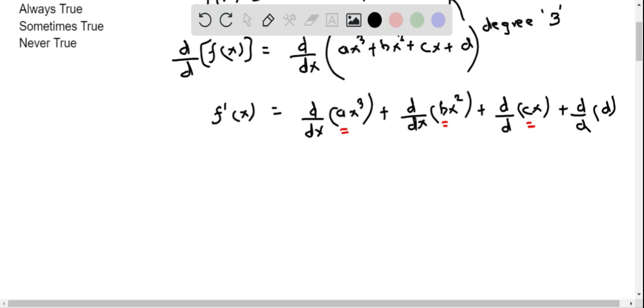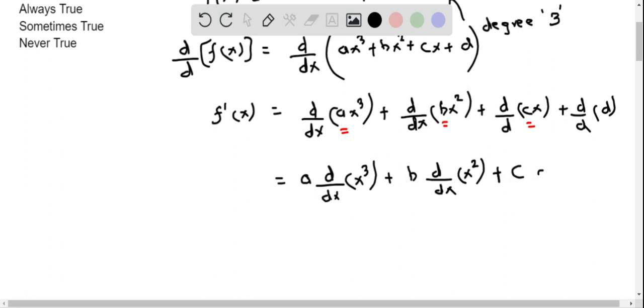So let's factor out the constants first. And when I do that, I get a times the derivative of x cubed plus b times the derivative of x squared plus c times the derivative of x plus this derivative of a constant.